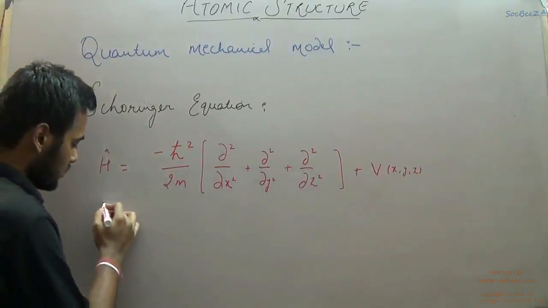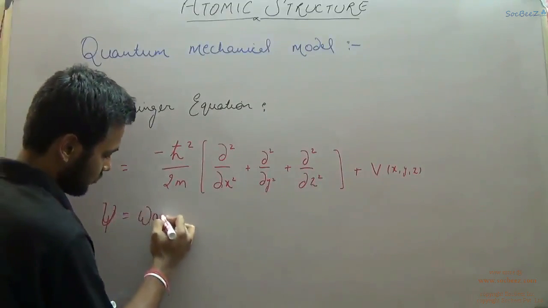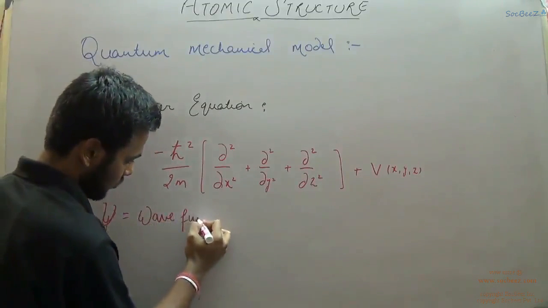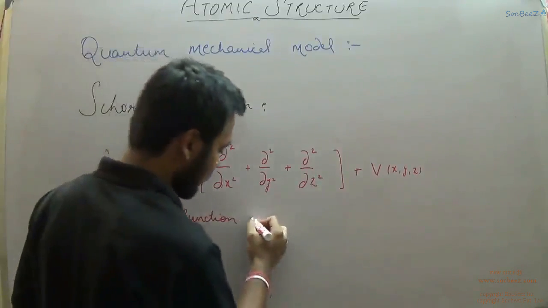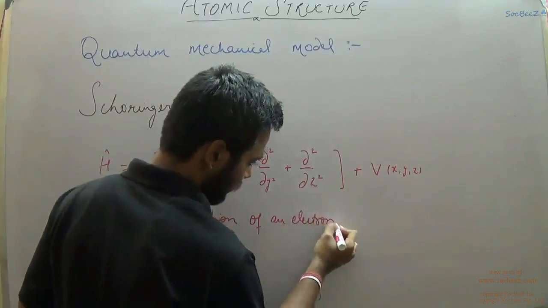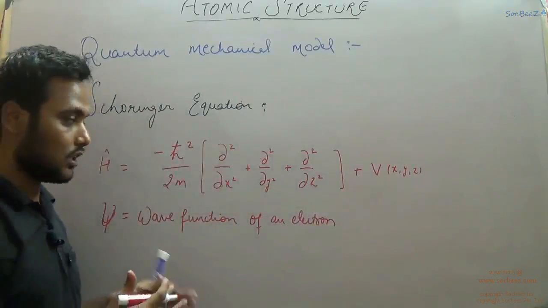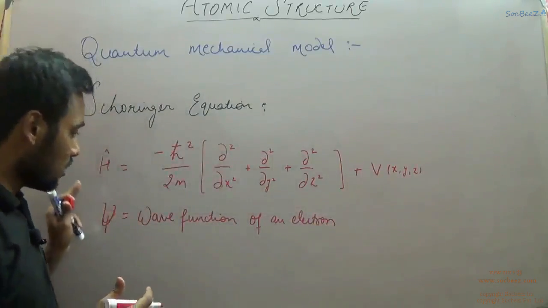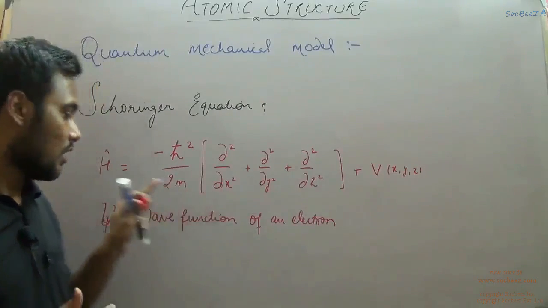And psi is wave function. In this case that we discussed, it is a wave function of an electron. Okay. So if we are studying the nucleus of an atom, then we say that psi is the wave function of the nucleus.